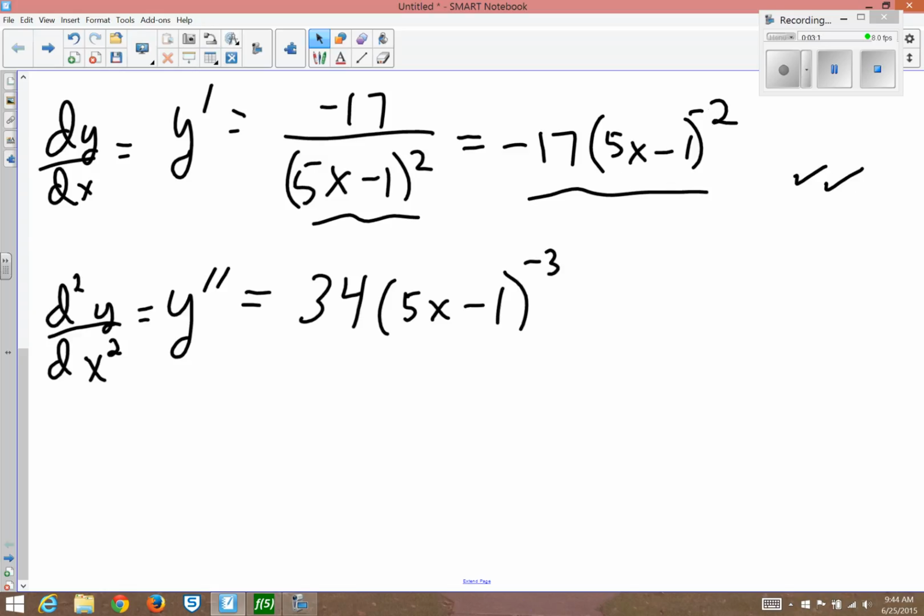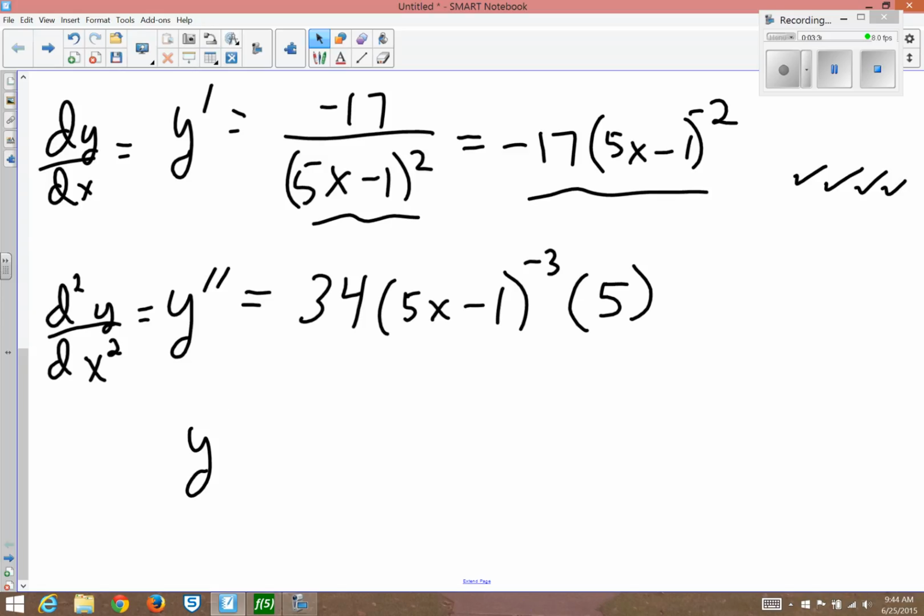And the last thing is multiply by the derivative of what is in the parentheses. These 4 things we call the chain rule or the power rule. Multiply, copy, subtract 1, and multiply by the derivative of what's inside the parentheses.